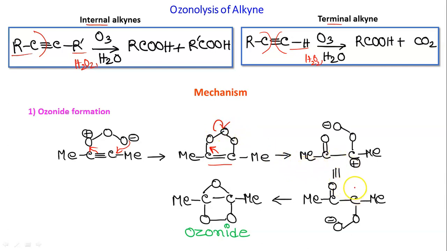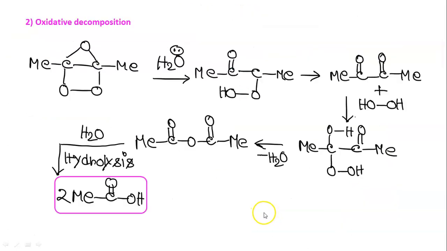This is the same structure, but written in a different way so that we can understand the mechanism better. So this is our ozonide. Unlike in the case of alkene, where there is no bond between C and C in the ozonide, here we have a CC bond present because we started from alkyne. So there is already a bond. This is the ozonide.